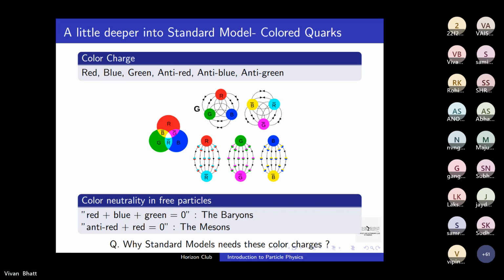Most of these come from when you study the rates of certain decays, right? If you had no color as opposed to if you had color, there is a scaling factor involved, because the probability increases threefold.